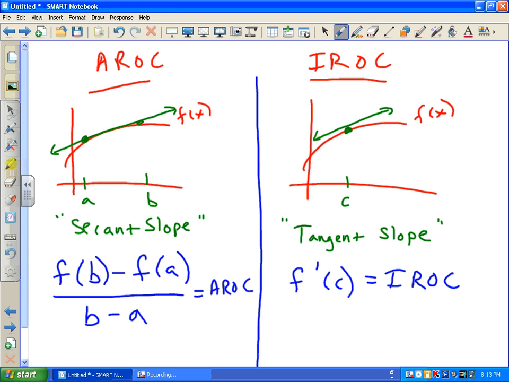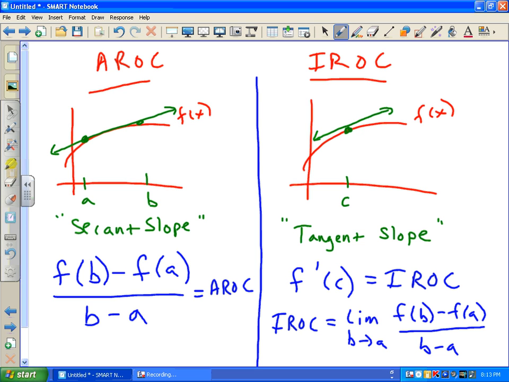If we were to take the AROC function that we used on our left and rewrite it as an IROC function, we would do so by taking the limit as b approaches a of f of b minus f of a over b minus a. By taking the limit as b approaches a, we are allowing the denominator to approach 0.